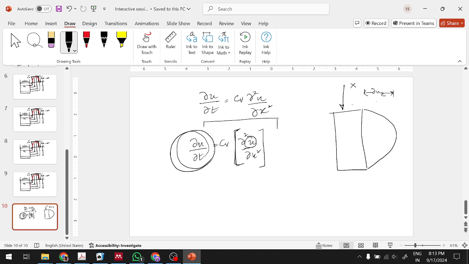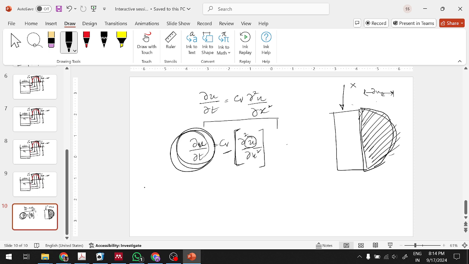So the rate of change of total pore water pressure is a function of the second derivative with respect to x. The du by dt is a function of this, and you solve this kind of equation mathematically, and you will get the solution.